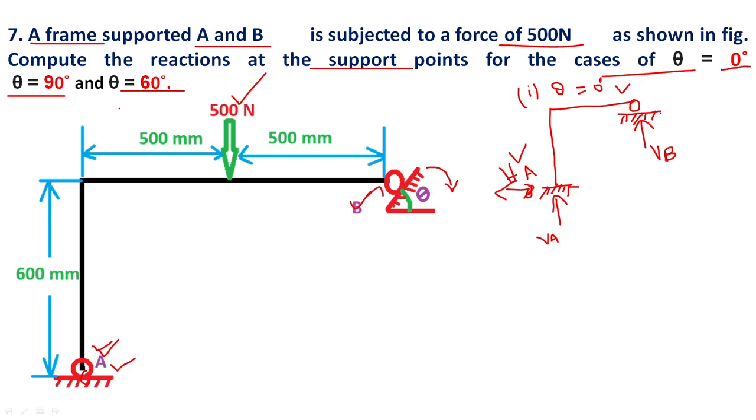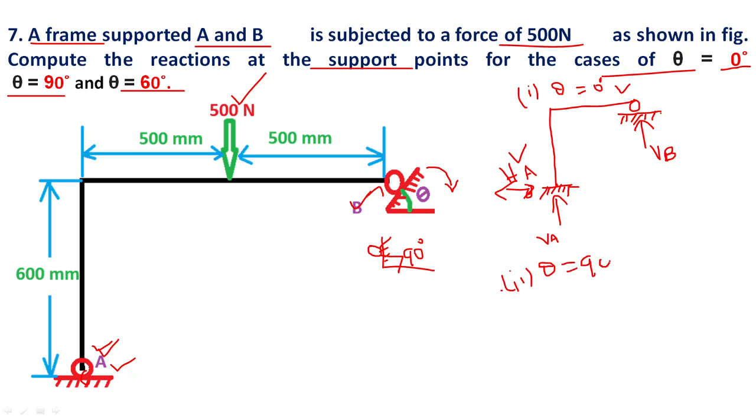Another case is 90 degree. At 90 degree, the support is oriented like this. This is the second case, theta equal to 90 degree.